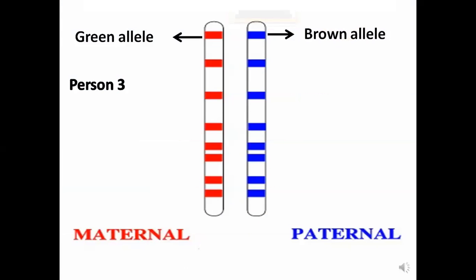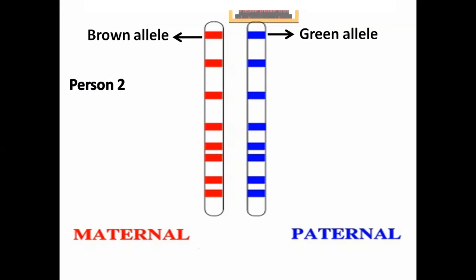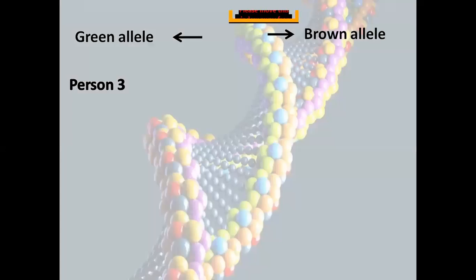Or we will have a green allele and a brown allele. Wait a minute, what's the difference between the green and brown, and the brown and green? In person 2, the brown is from the maternal origin and the green is from the paternal. In person 3, the opposite: the green allele is from the paternal and the brown is from the maternal. So here is the difference between these two. Pay attention to this please.